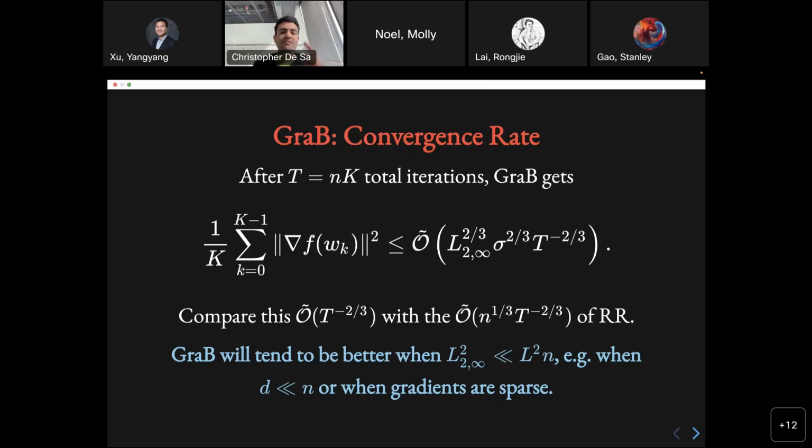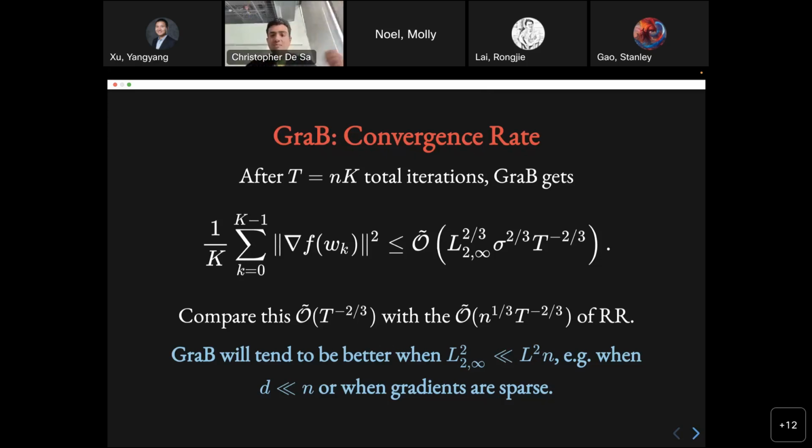And if we ignore problem parameters like L and sigma, and we just look at the dependence on T and n, we see that here we get big O tilde of T to the minus 2/3, and this is an improvement over big O tilde of n to the 1/3 T to the minus 2/3 that you would get from random reshuffling.